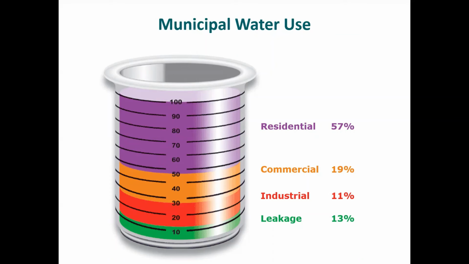I was reading about Montreal, which is certainly one of the oldest cities in Canada. They make almost twice as much water as is actually used. They're estimating something like 45% of their water is lost through leakage, through old pipes and bad old systems that haven't been upgraded in a long time.